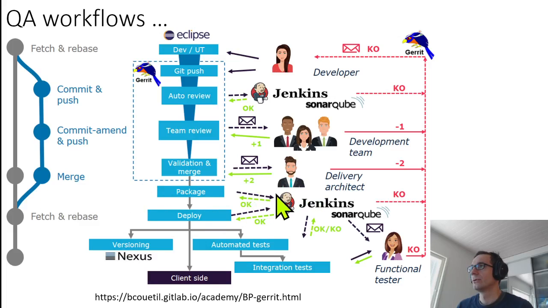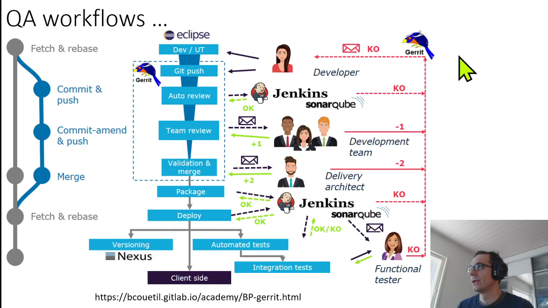Then another round of Jenkins and SonarQube, because there might be more changes already. There is a new version already coming back to the trunk here. So the Jenkins and SonarQube done earlier only validates this branch, but going back to the trunk, it needs to be revalidated. So Jenkins and SonarQube again.